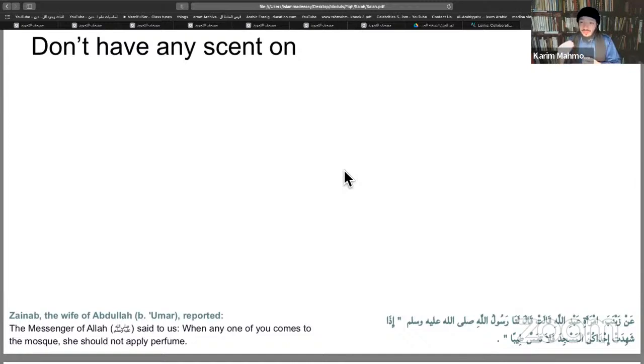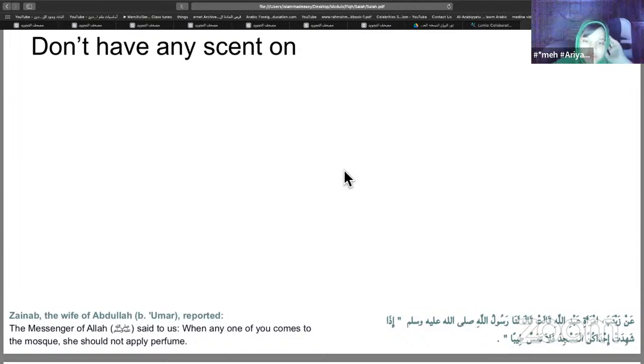So if the woman smells nice and she looks nice, that makes the man want to attack her, or that puts her in danger. That is why Allah forbade this upon them when they go outside, and made them wear the hijab, a lot more than the men. Why? Because of their protection. It is not because men are better than women or women are better than men. None of this matters.